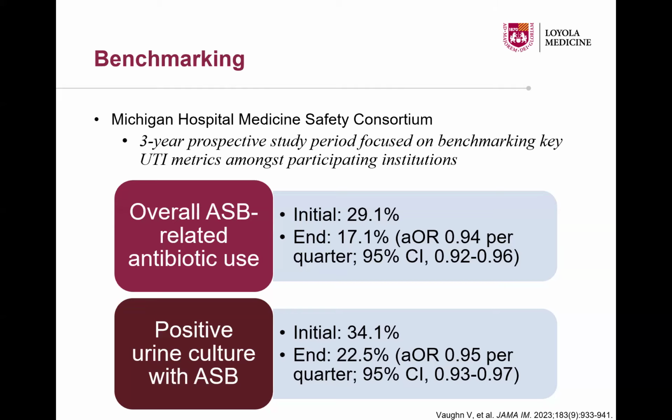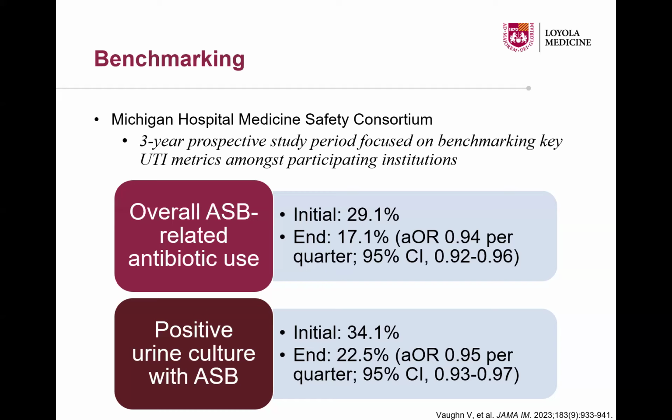And so it was a 3-year prospective study where they were benchmarking these key UTI metrics. What they were able to look at was overall asymptomatic bacteriuria related antibiotic use, and they saw this significant reduction, 29.1% down to 17.1%. To couple with that, positive urine cultures in patients diagnosed with ASB also went down.